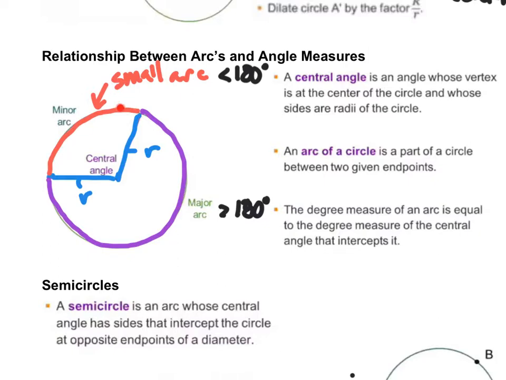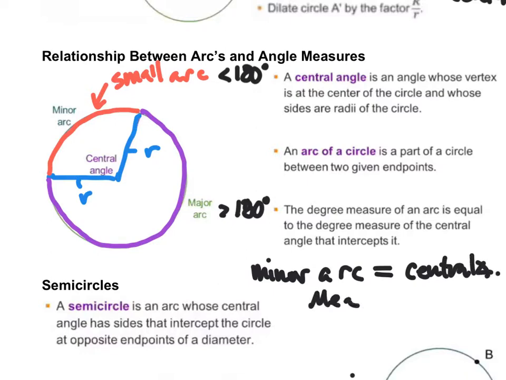And so what we're going to talk about is how we measure these arcs and how we can figure out what those measurements are. What we know is that the degree measure of an arc is equal to the degree measure of the central angle that it intercepts. So the minor arc is equal to the central angle, and we measure this in degrees.